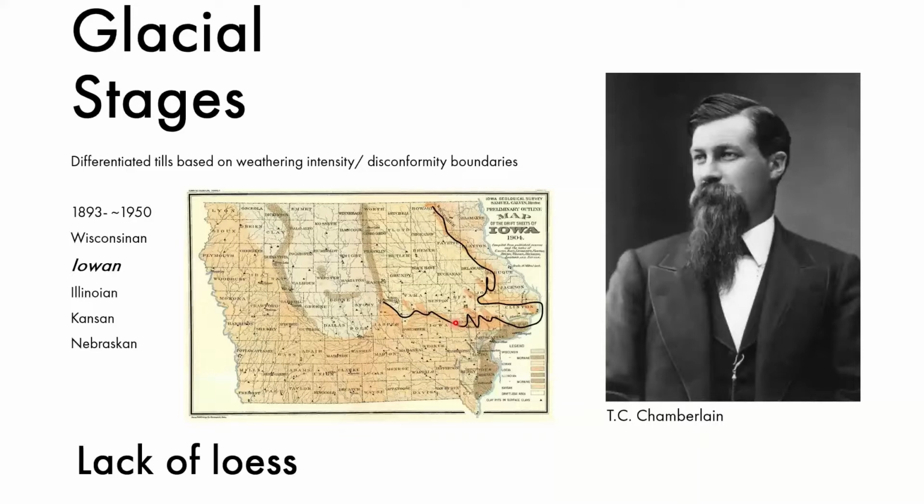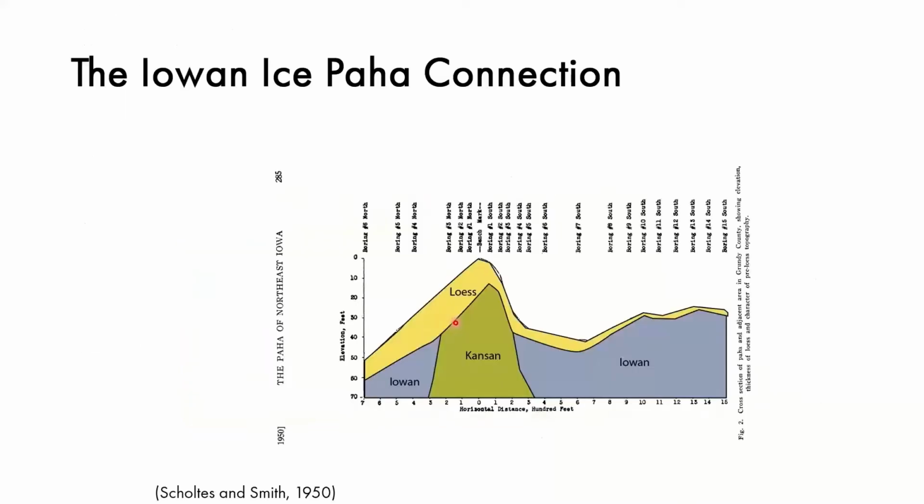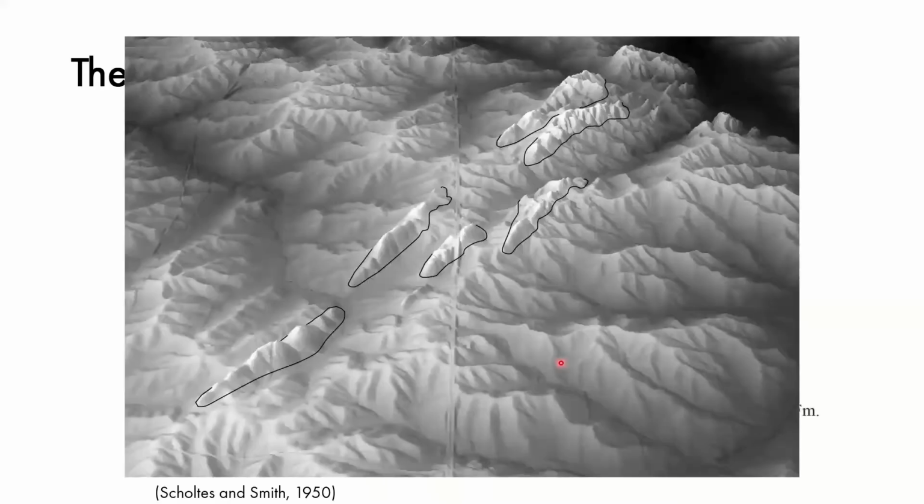Well, how do you explain paha? Well, what they did was they said, well, these paha, since they have that old soil, well, they were preserved, and the material around them was eroded by ice. So you have this older till sticking out from this younger ice advance. It's just kind of bizarre.